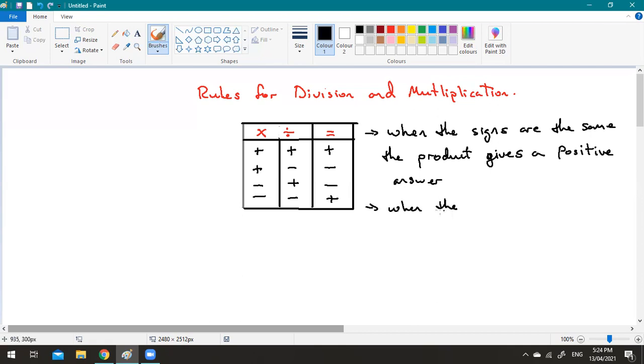When the signs are different, the product gives a negative answer.